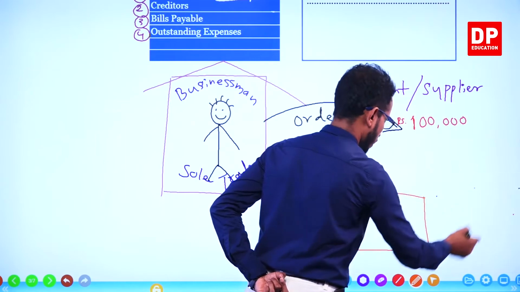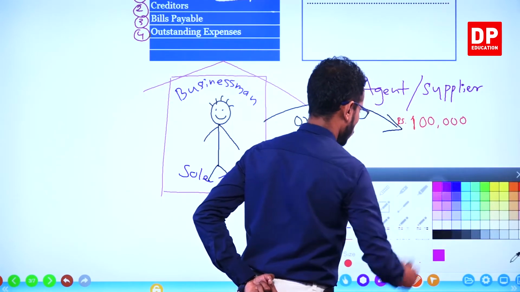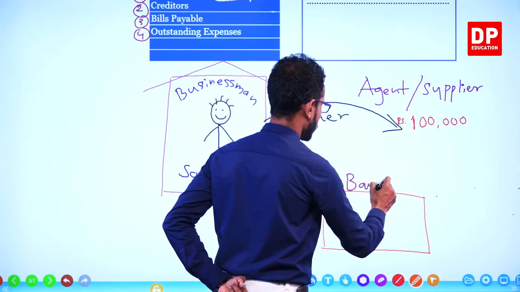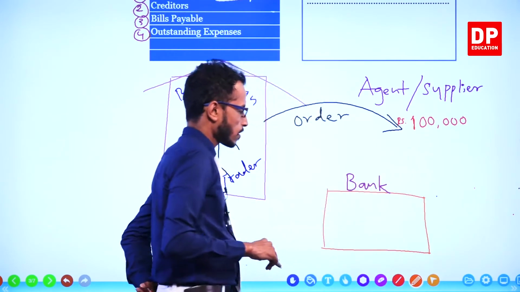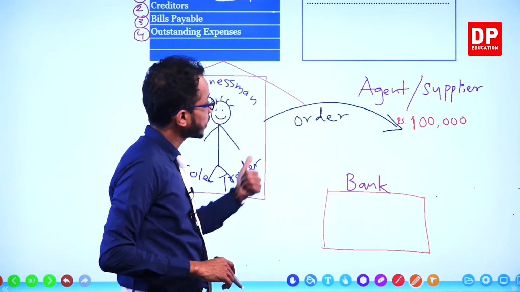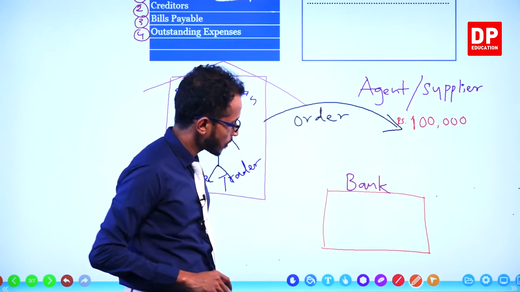Purple for the bank. This is the bank. The agent goes with the check to get 100,000 from the bank.